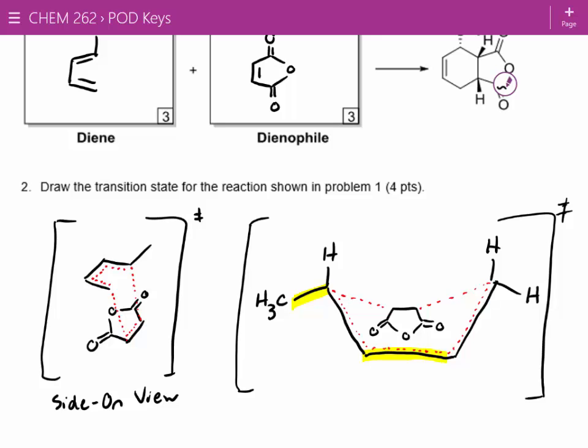We can also think about this with the side-on view, where this methyl group is pointing back and this is coming underneath. It's just docking like this, right? So now let's quickly try to swap out some of these bonds here to form our product. If you guys have a chance to do this at home, I'd recommend doing it. It makes a lot more sense when you see it.